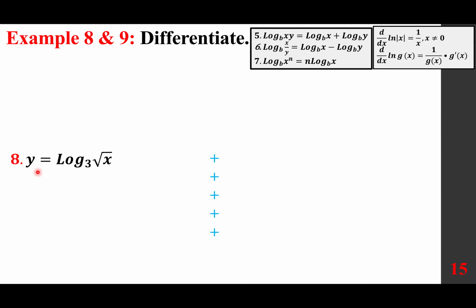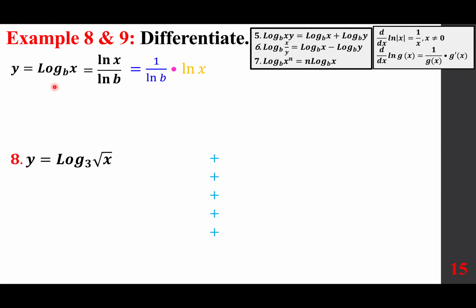We want to differentiate y equals log base 3 of the square root of x. And so what we are dealing with is a log, but it's not a natural log. So how do we deal with that? Well, when y is log x base b, we can use the change of base formula to write it as ln x over ln b, which means it's the product of 1 over ln b and ln x. 1 over ln b is a number, a coefficient.